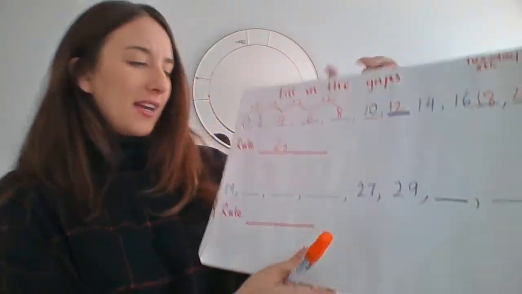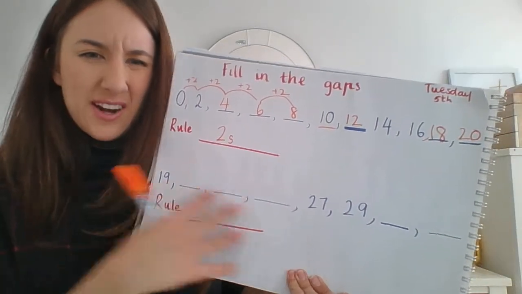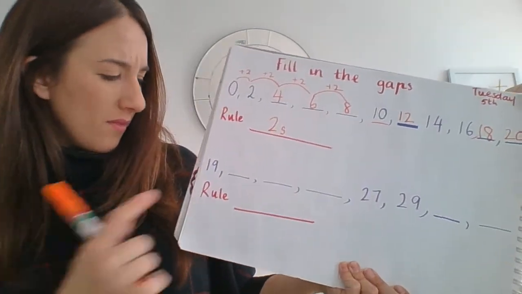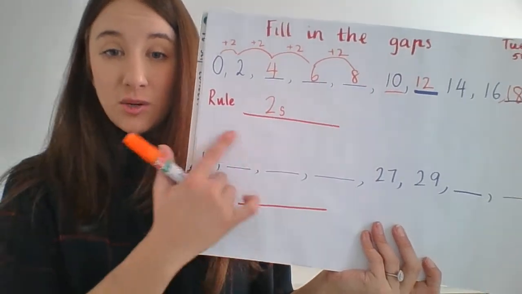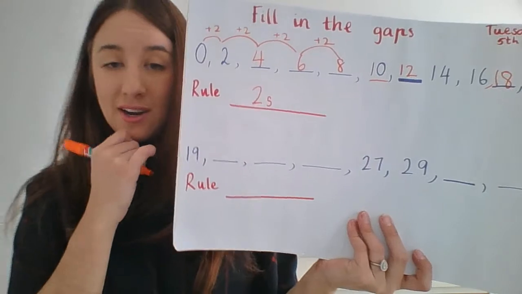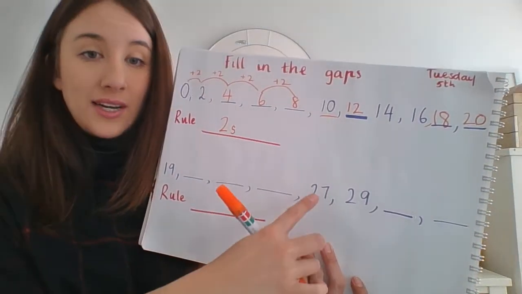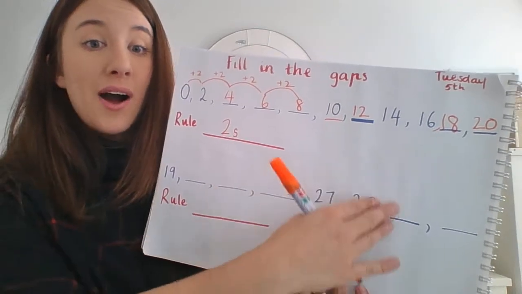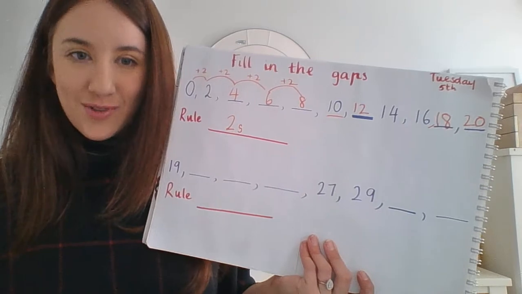Okay. Now, let's have a look at this one and figure out what the rule in the skip counting pattern is here. Now, it's starting from 19, but there's no number straight after, so I don't know what it's skip counting by yet, but I can see that there are 2 numbers together here. So I need to see what this part is skip counting by so that I can go back and fill in the gaps, all right?